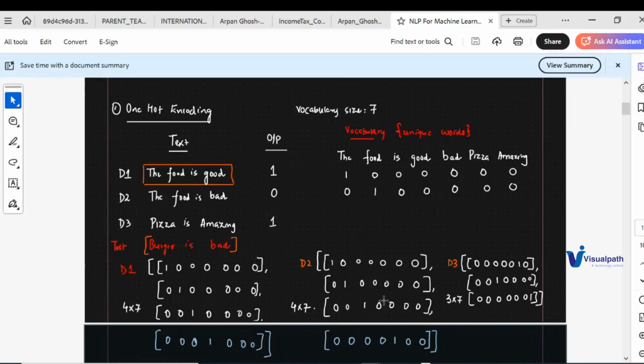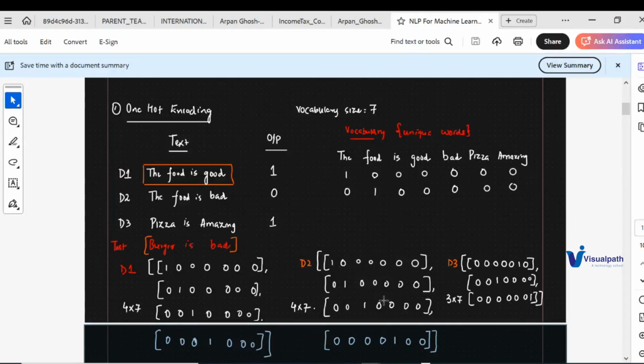So although we should learn this technique, because from there the development happened to other techniques, it is pretty clear that one hot encoding does not suit our need, because although it is simple, it is not capturing the context on which the question was asked.